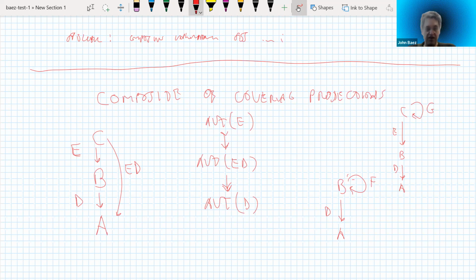Then I was just asking, is this normal covering idea related to that idea? Is it the same idea? Well, probably. Let me put it this way.